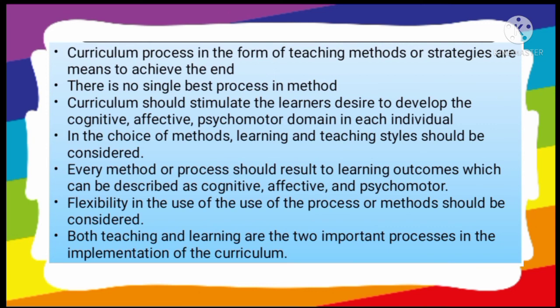In the choice of methods, learning and teaching style should be considered. Every method or process should result in learning outcomes which can be described as cognitive, affective, and psychomotor. Flexibility in the use of processes or methods should be considered. Both teaching and learning are the two important processes in the implementation of the curriculum.